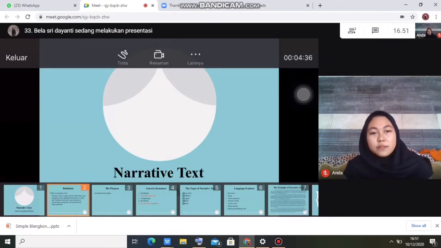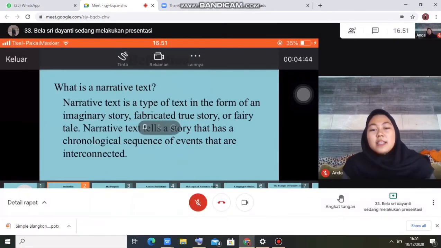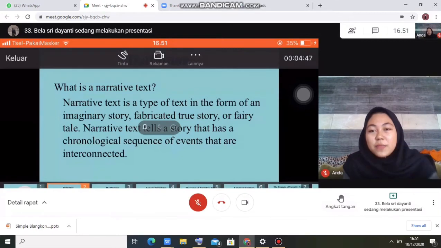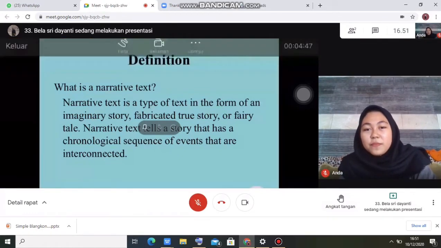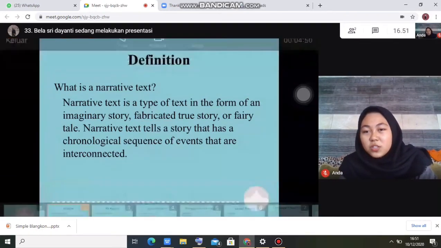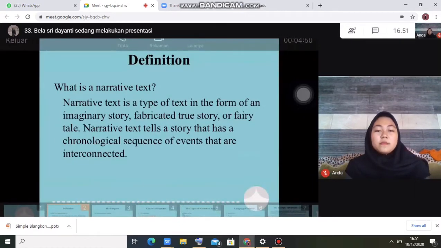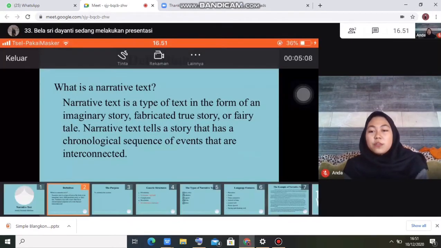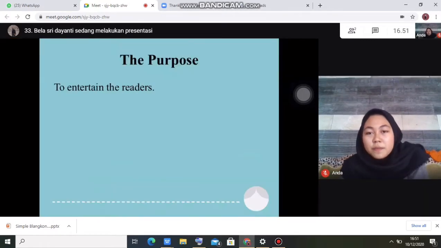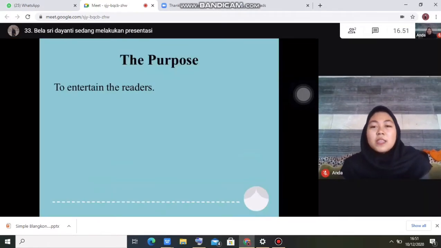Narrative text is a type of text in the form of an imaginary story, fabricated true story, or fairy tale. Narrative text tells a story that has a chronological sequence of events that are interconnected. Do you understand what I mean? Yes, understand.